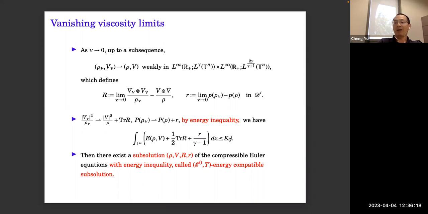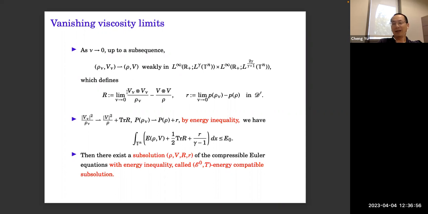This E0 is the initial energy of the Navier-Stokes equation. We call this kind of solution, rho v capital R little r, a subsolution of the compressible Euler equation with the energy inequality. But here we only know that capital R and little r are non-negative, due to the convex property.